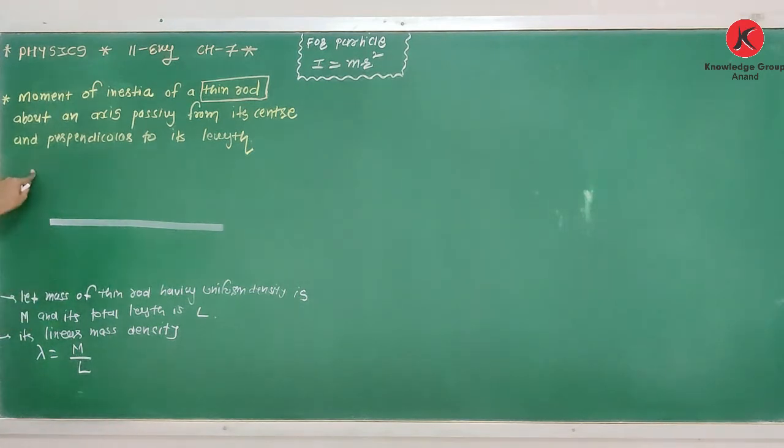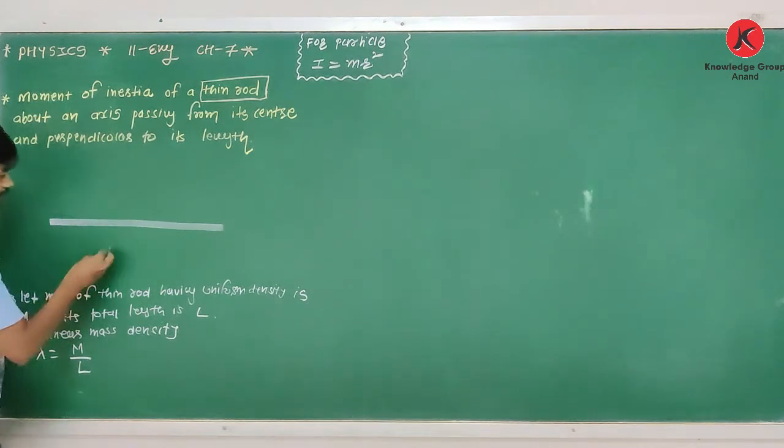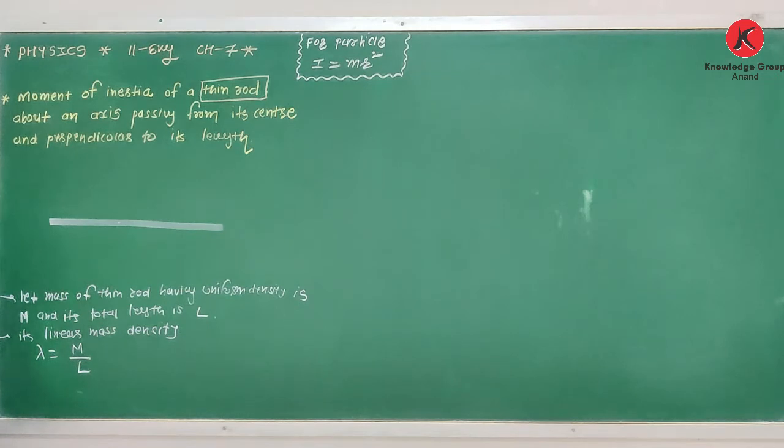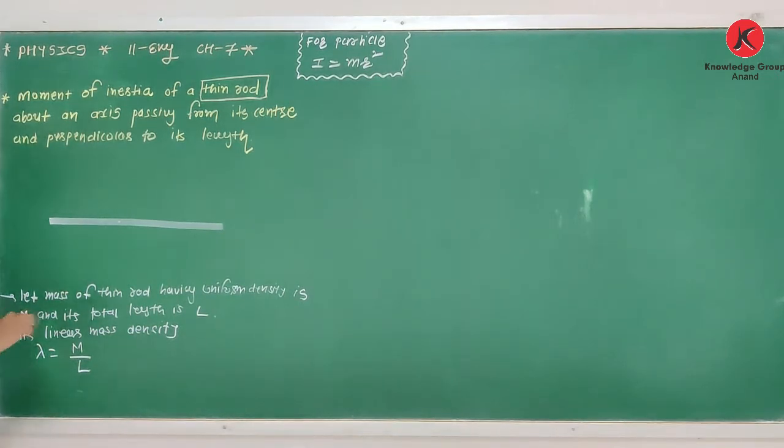Now, about which axis do you have to find the moment of inertia? The moment of inertia of the thin rod about an axis passing through its center and perpendicular to its length.